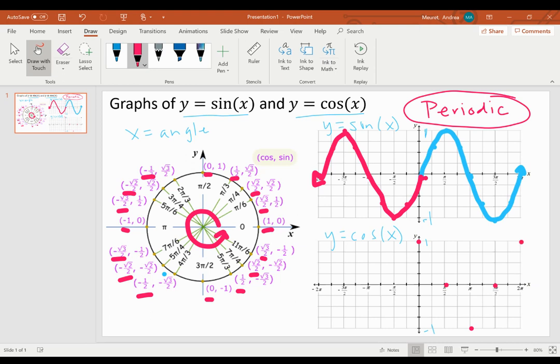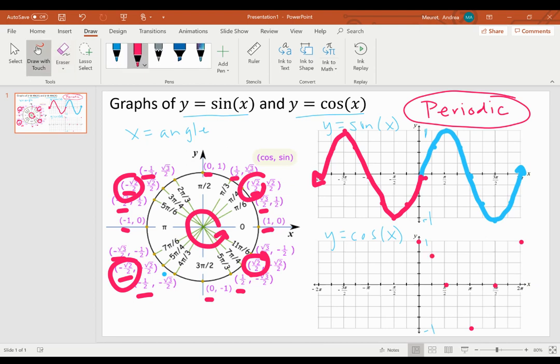And then notice that in the middle of each of these quadrants, we have that root 2 over 2 halfway value. So halfway between 0 and pi over 2, there's a point at about 0.7.